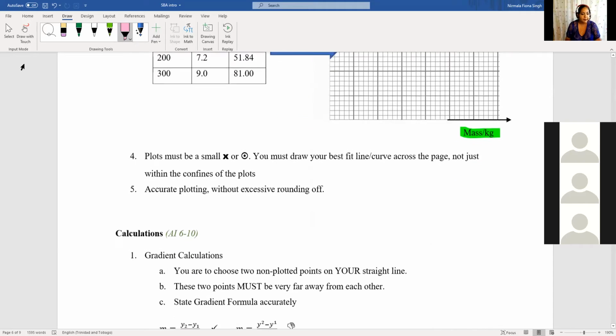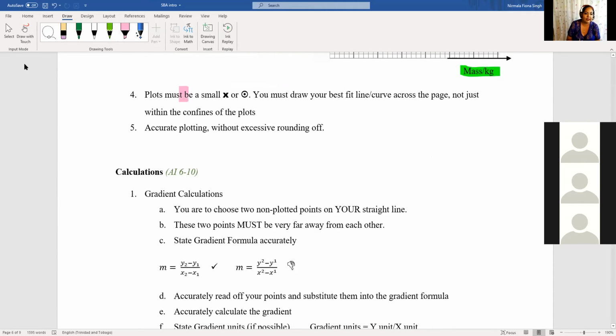What else? Plots must be a small x or circle with a dot. If you just put a dot in your graph, you get no mark for plotting your points with an x or a dot. This is the stupidest mark to lose.